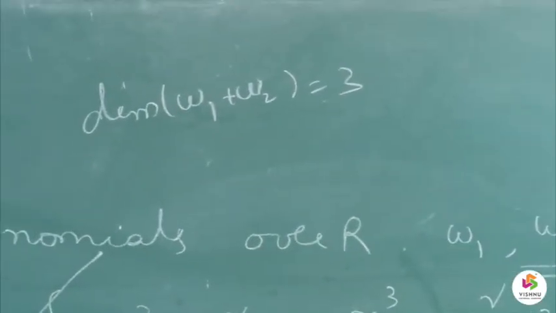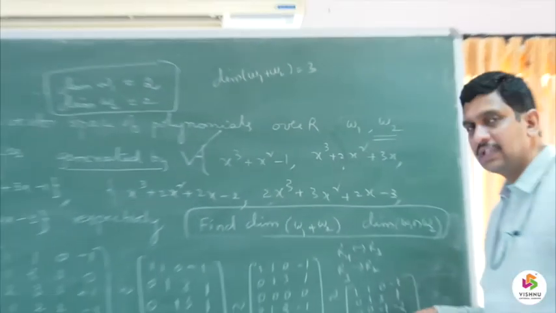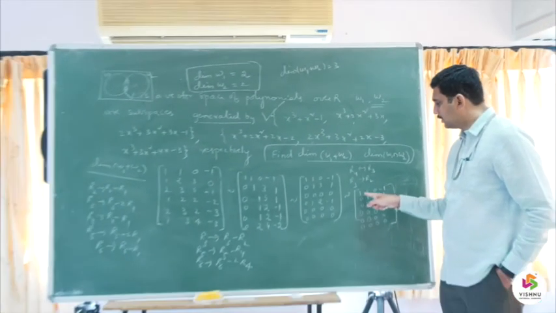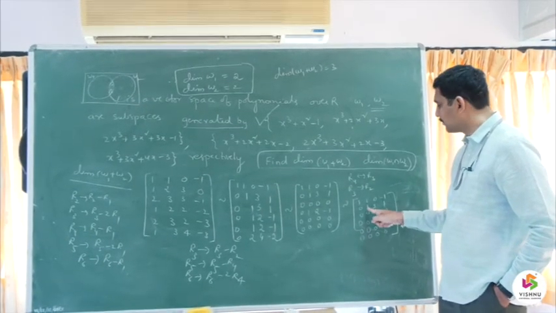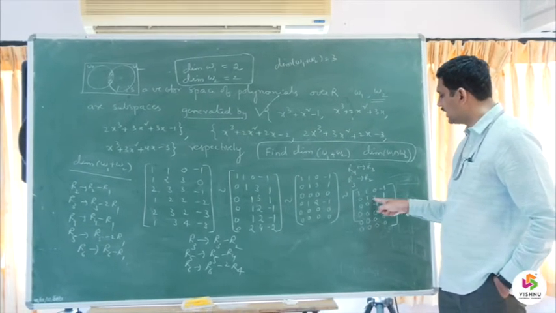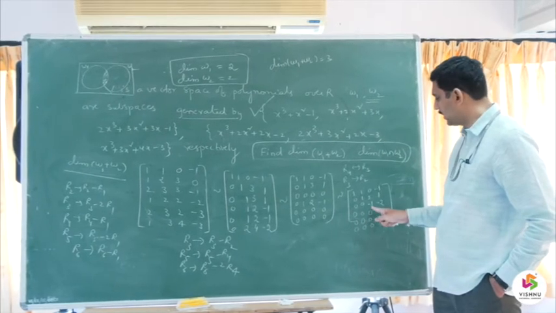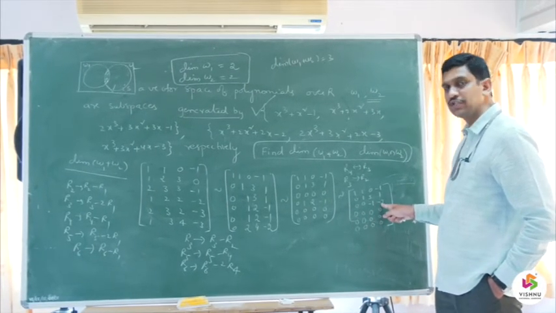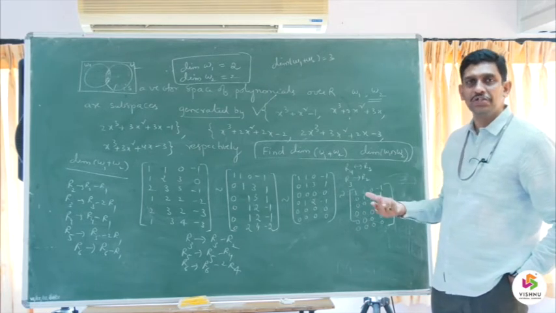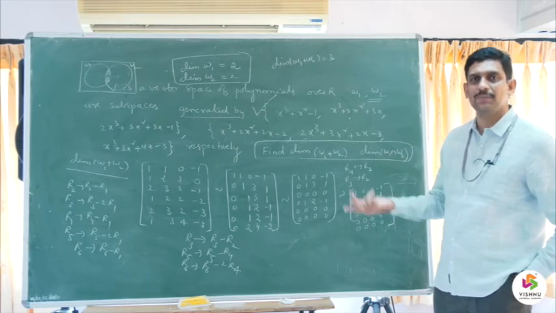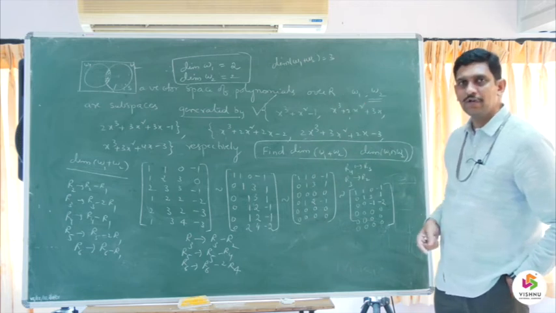So if you want to know what is the basis, using the 3 rows, x cube plus x square minus 1, this is one polynomial, x square plus 3x plus 1, this is one polynomial, minus x minus 2, this is another polynomial.